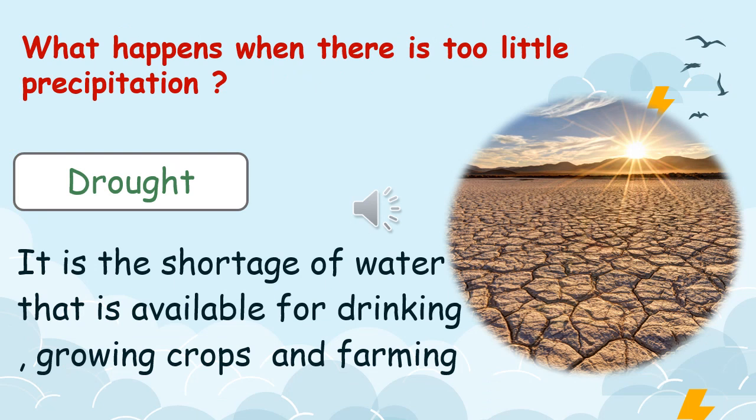But can anyone tell me what happens if there is only a little precipitation? Think more. Super, this causes drought. Do you know the meaning of drought? Drought means there is a shortage of the water needed for food or for plants to grow.